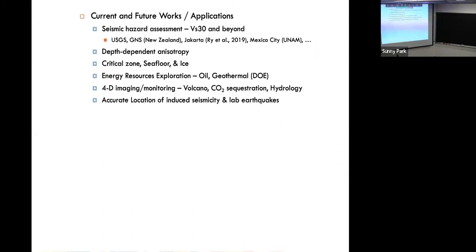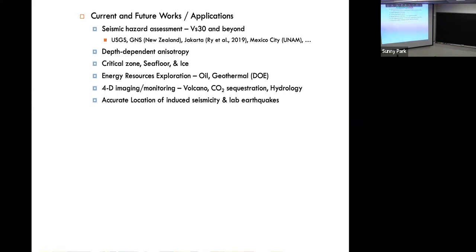One interesting thing I would point out is that we can study depth-dependent anisotropy. In this study, we basically assumed everything was isotropic, but if there were anisotropic structure, then you would see variation in angle in different directions and so on.